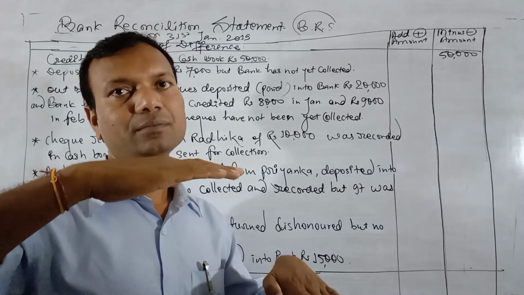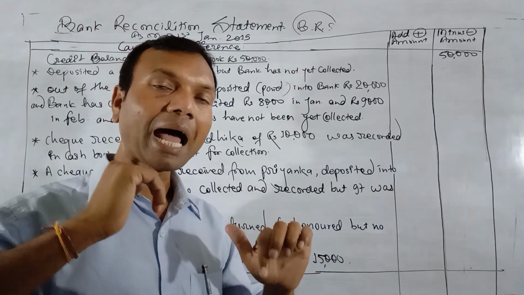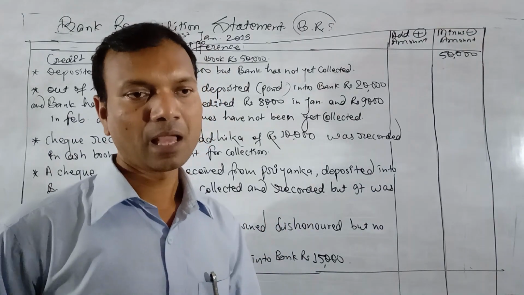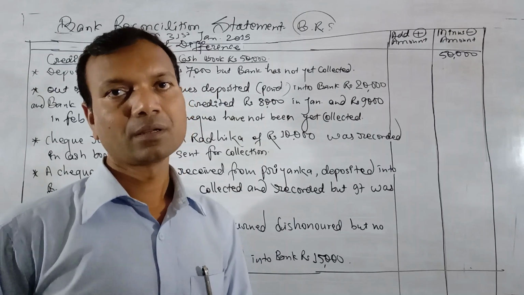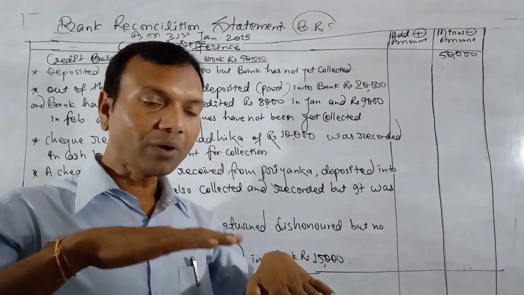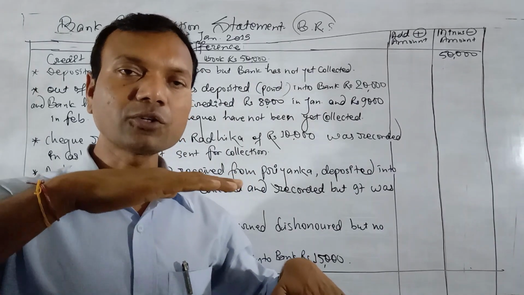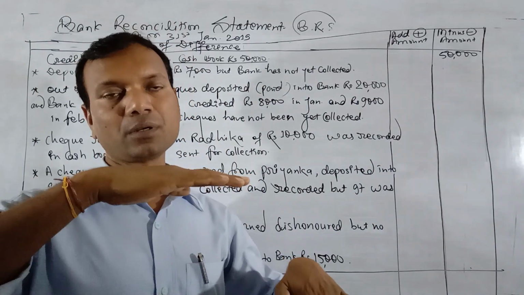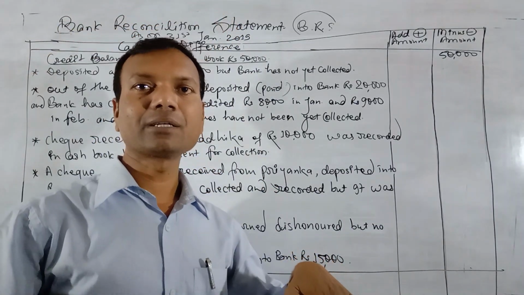How is it possible? Then we have to consider what we have taken in the beginning, whether cash book balance or passbook. We have taken cash book. Then we have to take the decision in the cash book. What should be done with the cash book to make both balances equal? Increase or decrease?